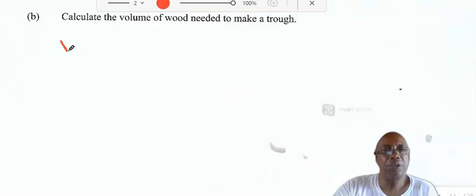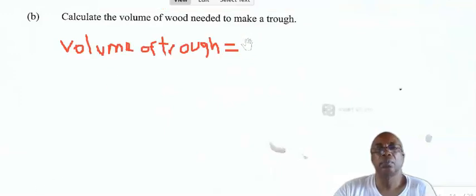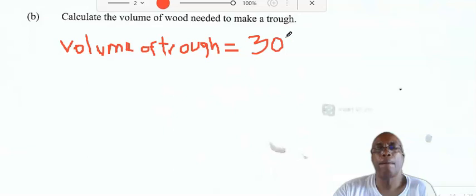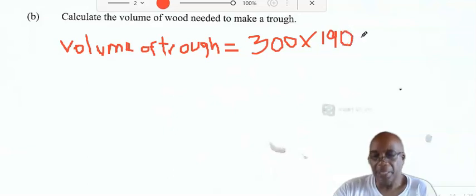So volume of trough is 300 multiplied by 190 multiplied by 160.